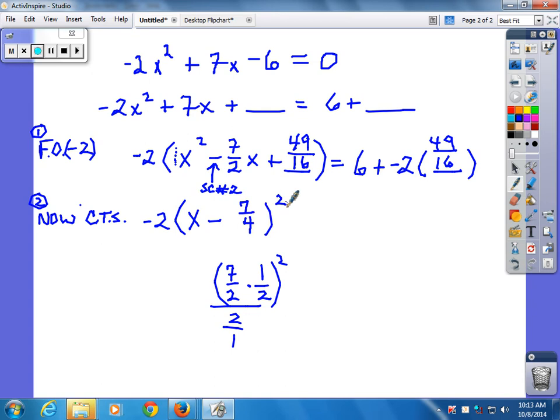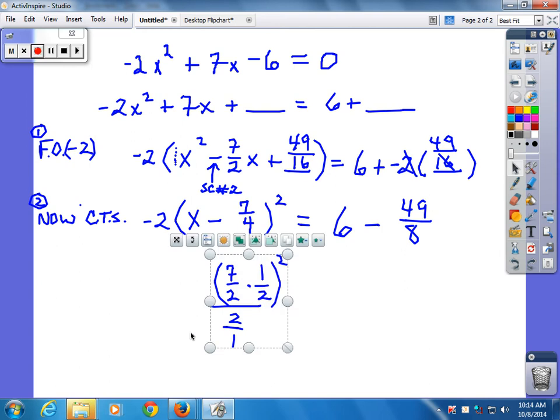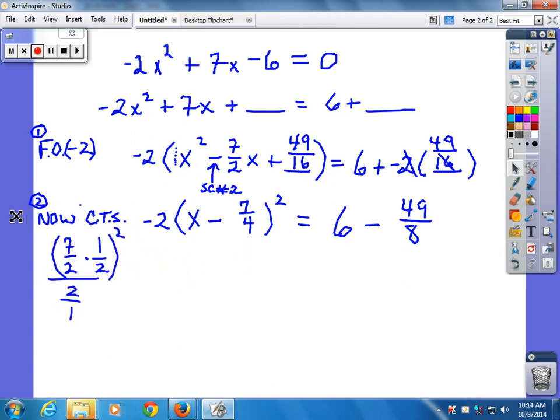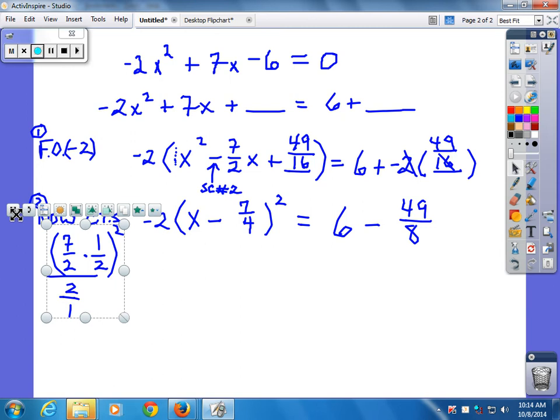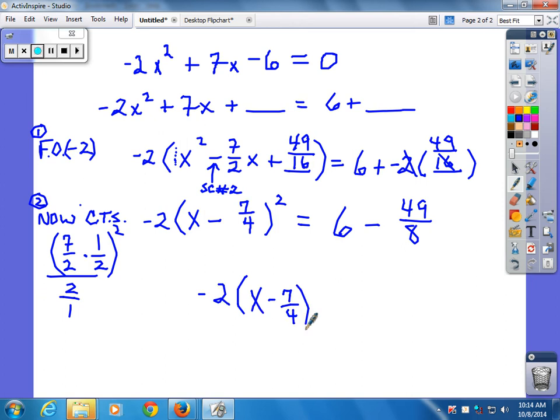Is equal to 6 minus 49/8. -2 times x minus 7/4 quantity squared is equal to 48 eighths.